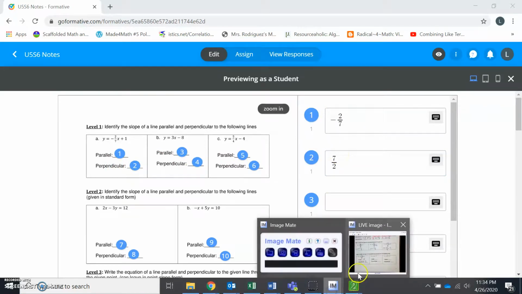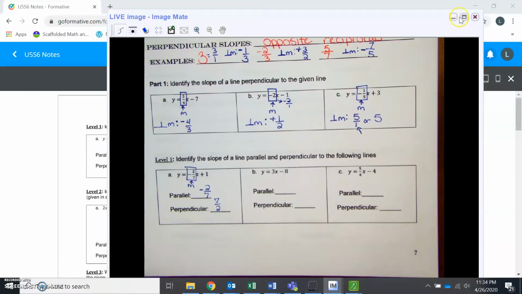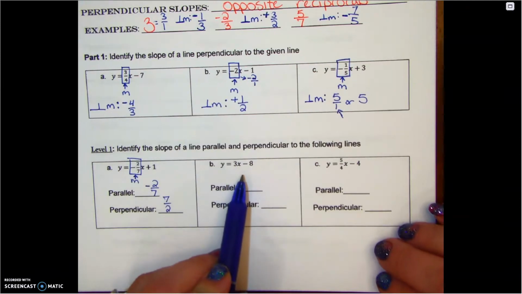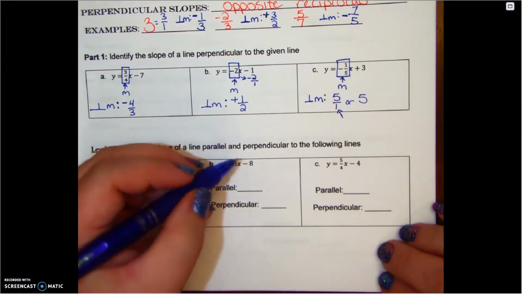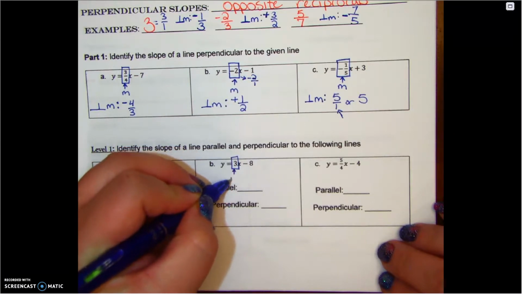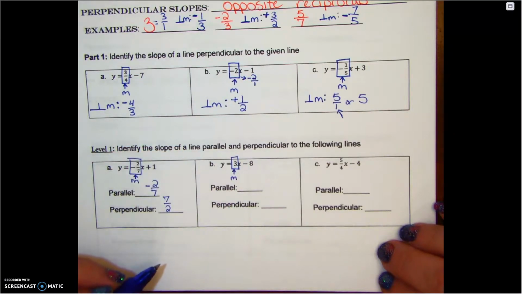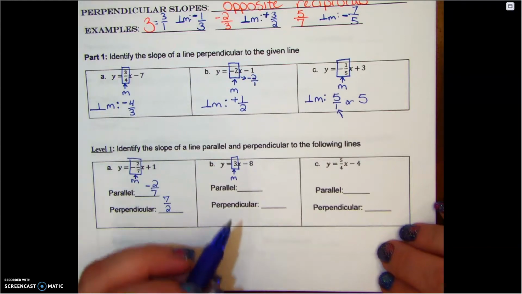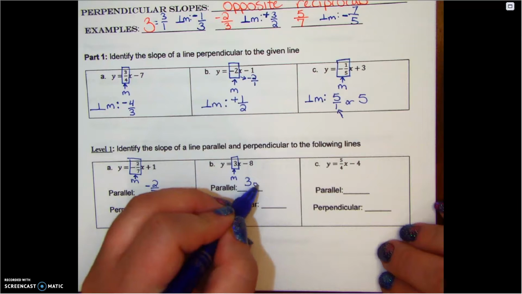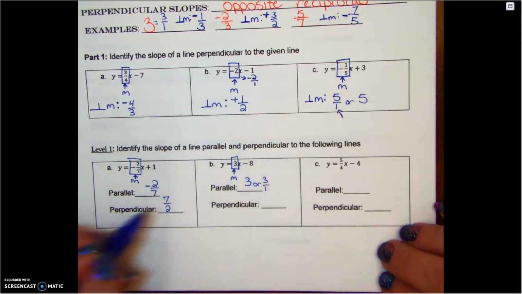Let's go ahead and finish up our notes here. So first step is to find what is the slope originally. The original slope is 3. So that means that my parallel slope should also be 3, or you could write it as 3/1, either one.